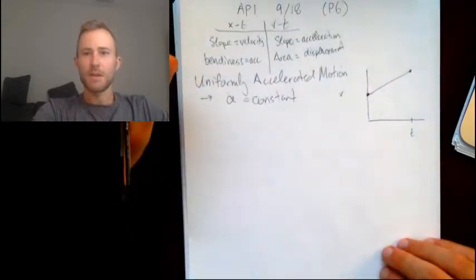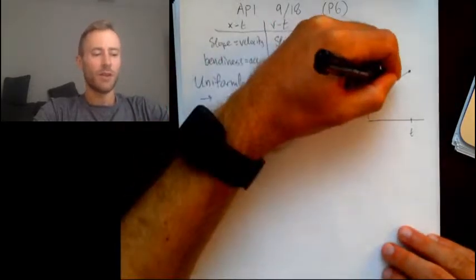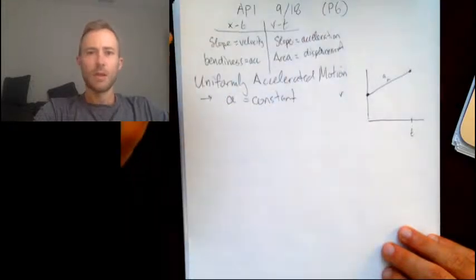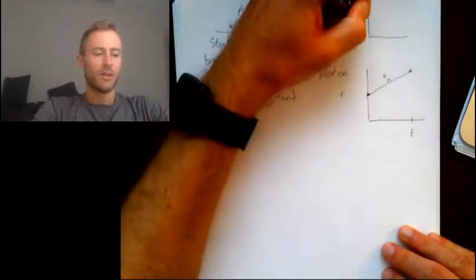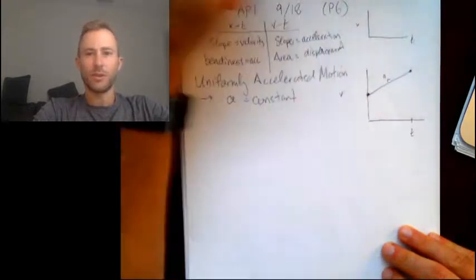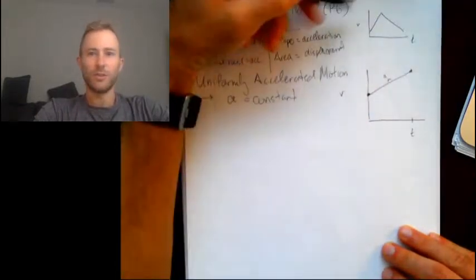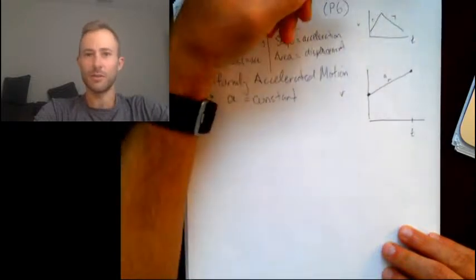Okay? It should be a straight line. The slope of that line is the acceleration. If you have a non-uniform acceleration, your velocity time graph is going to look maybe like this. See, this has two different slopes, so that would be non-uniform acceleration.